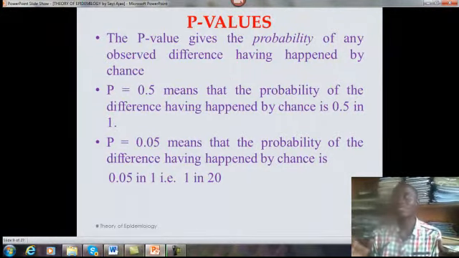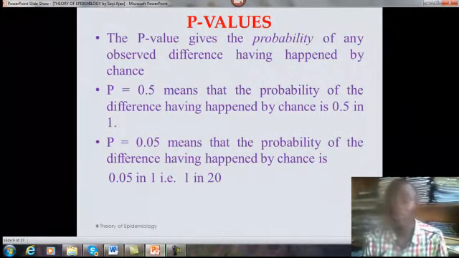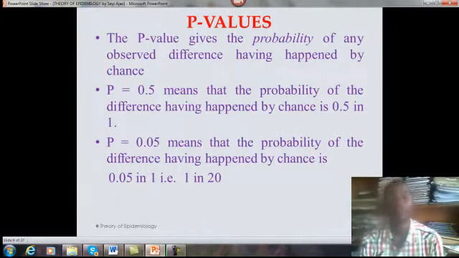That is a form of sampling error. It's known as probability value, and we have different values for that. If it's 0.5, it means that the probability of the difference having happened by chance is 0.5 in 1. And we have some other ones. We have 0.05.